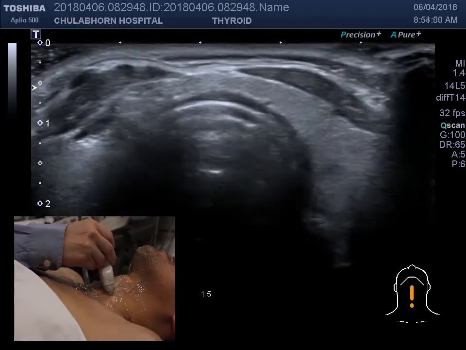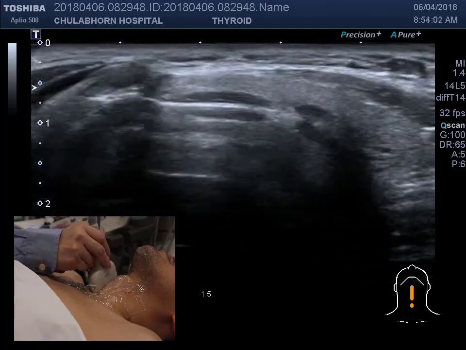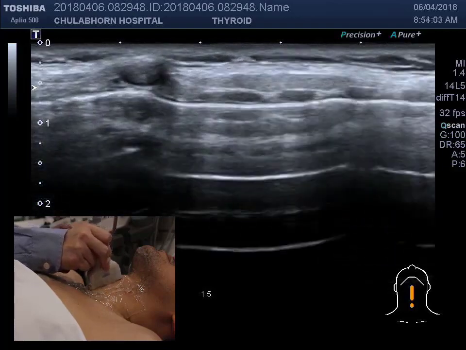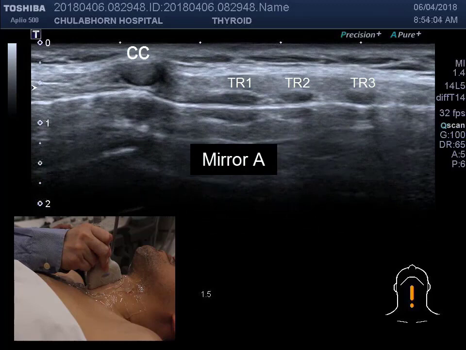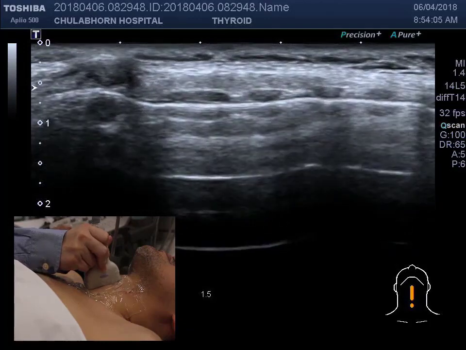And then if you turn the probe perpendicular to the plane, you can get a sagittal view, in which you can see the cricoid cartilage, tracheal rings 1, 2, 3, as well as the tracheal membrane and its mirror artifact like this. In this patient, the isthmus of the thyroid gland is at tracheal rings 1, 2, 3.